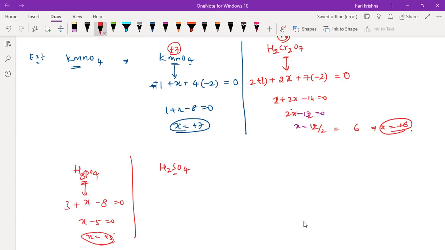Next, sulfur. Find out for sulfur, H2SO4. What is for sulfur?